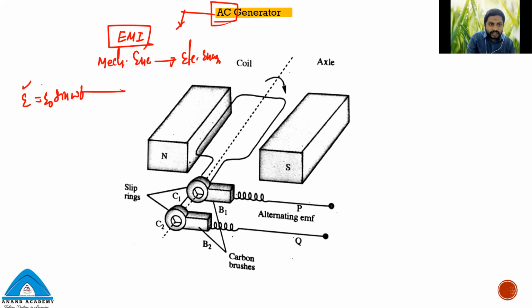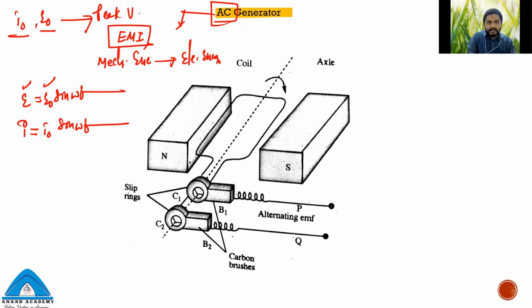That's the induced EMF, and E naught is the peak value of the induced EMF. If you divide this by R, you get I is equal to I naught sine omega t, where I naught and E naught are the peak values of current and EMF, my dear children.